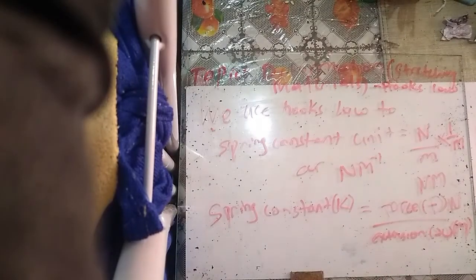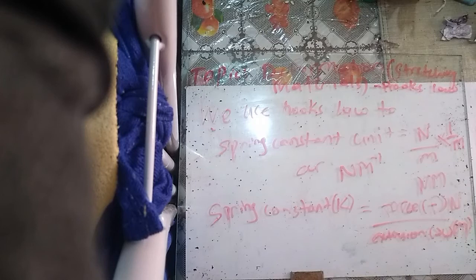When you calculate the spring constant, you must convert the distances from centimeters or millimeters, as some of the springs we are going to use in the lab are going to give you readings in centimeter. Because first, we don't want to stretch them out and mash them up, we have no long spring. So they may give you centimeter, you convert it to meter. If you get your extension readings in the lab in centimeter, you convert it to meter when you calculate the spring constant of the spring.